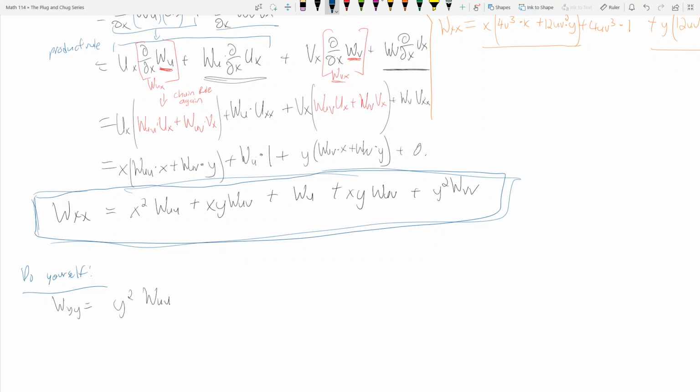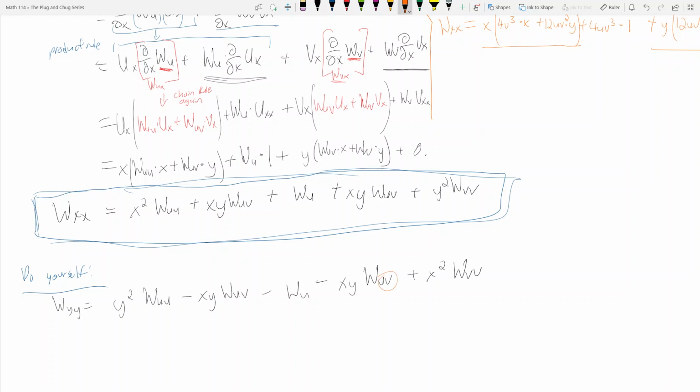All right, so w sub yy should be y squared w sub uu, plus minus xy w sub uv, plus w sub u, and then minus xy w sub uv, and then plus x squared w sub vv. All right? And notice that the u's and v's might be switched.